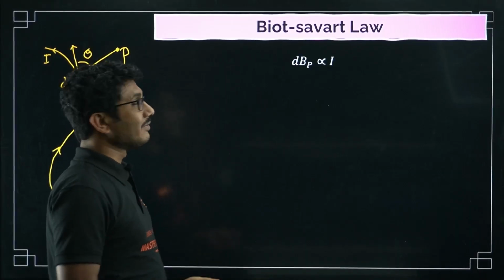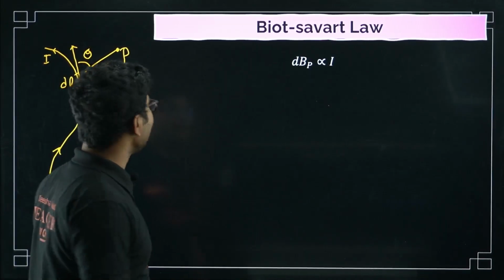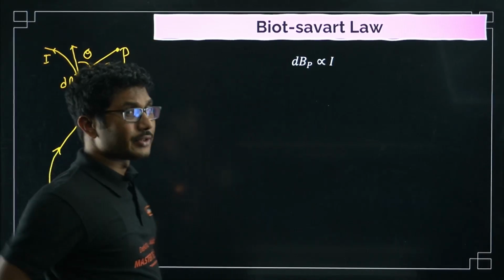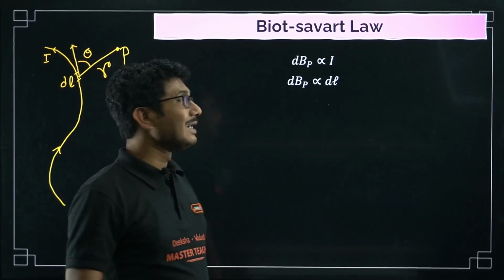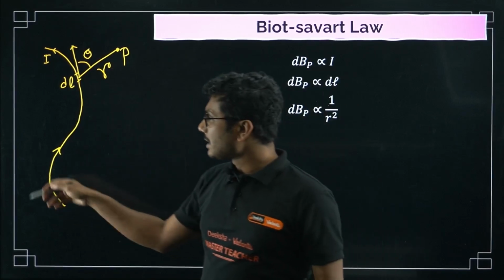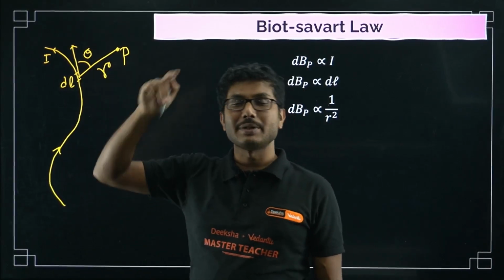Biot and Savart said that the magnetic field at point P is proportional to the current that is flowing through the conductor. Next, it is proportional to the current element dl. And why are we saying current element? Because it does not necessarily have to be a perfect conductor. It can be a circle, it can be any curve, it can be a straight wire.